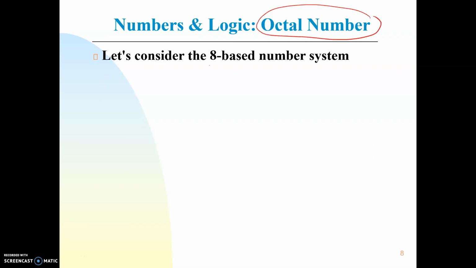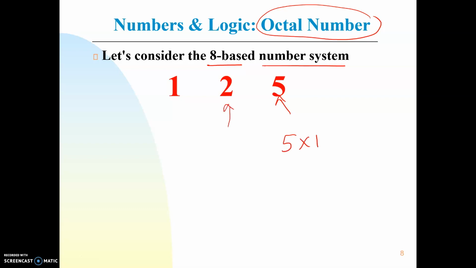Here we'll use the 8-based number system. So this slide will explain the octal number system. Here you can see a number is given, 125. This number will be at position number 1, so we will say 5 multiplied by 1.